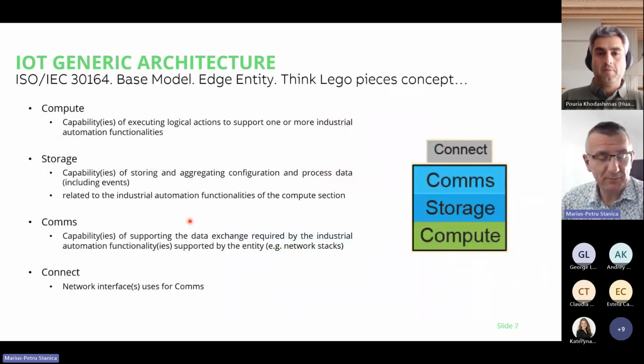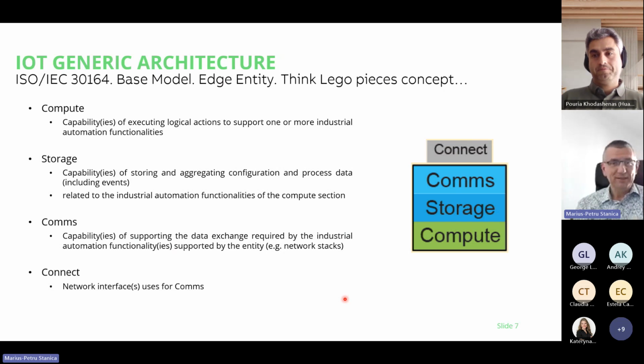A step back first. As mentioned before, we should think in a Lego model. You see here, I was trying to show one piece, but this is actually part of a specification. It's the ISO IEEE 3164, and you can see this is actually a repeatable model. Everything we do today in our devices, be it industrial automation, automotives, planes, or wherever, in our intelligent devices today you have several aspects.